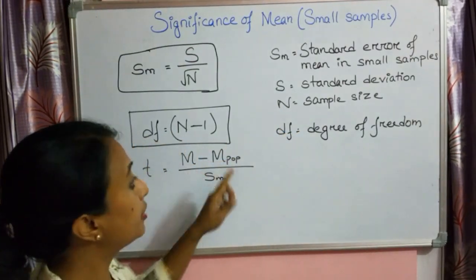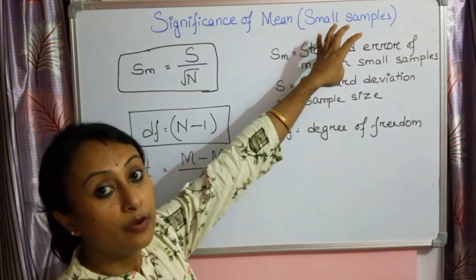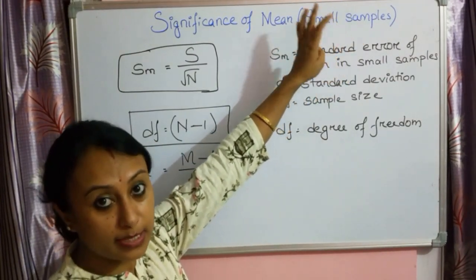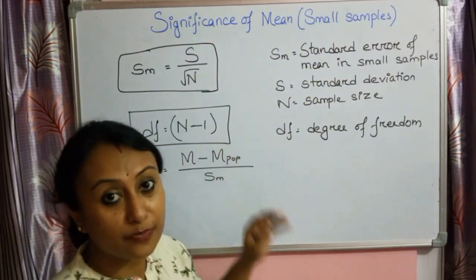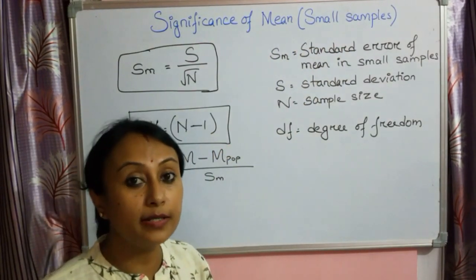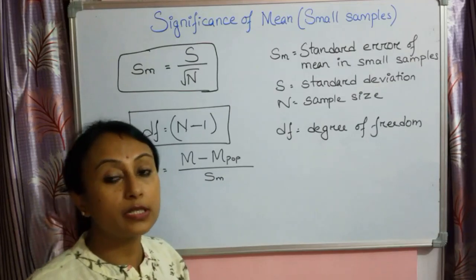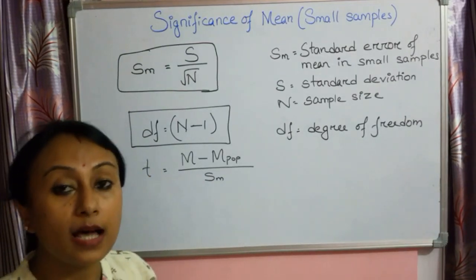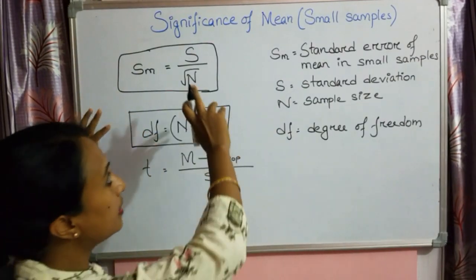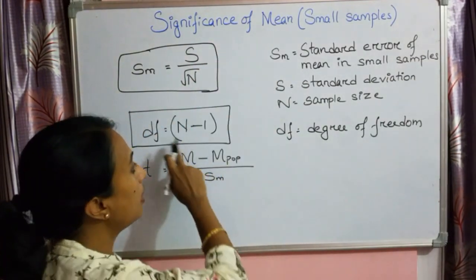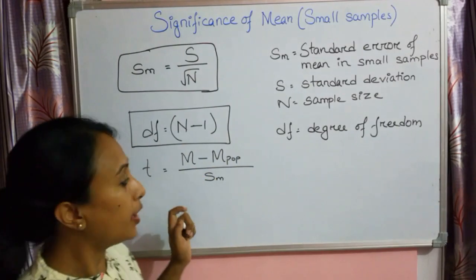In your subsequent classes you will learn that degree of freedom for different tests are different. For calculating the significance of mean, DF is n minus 1.